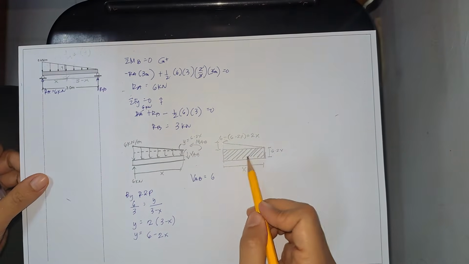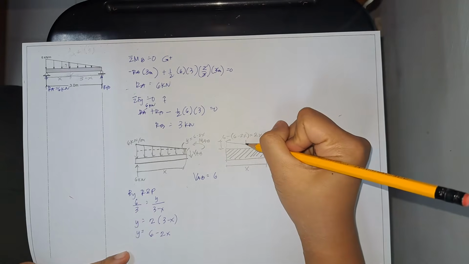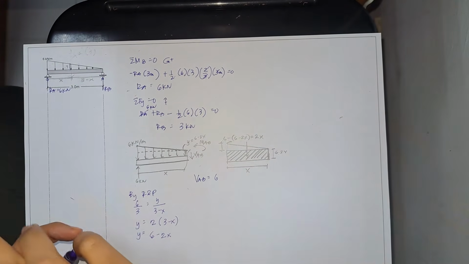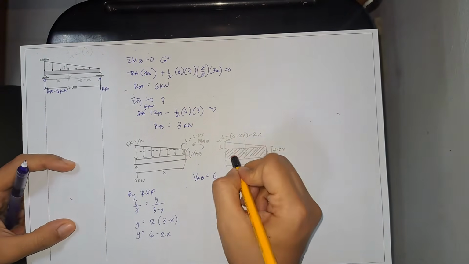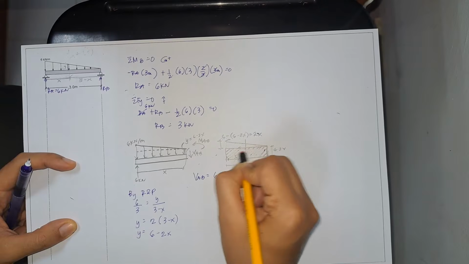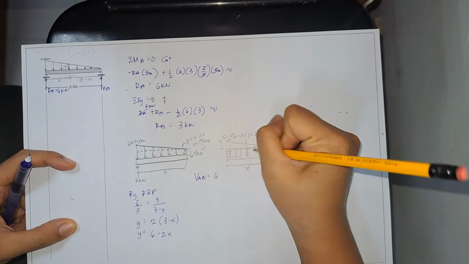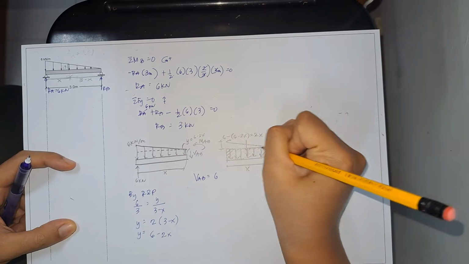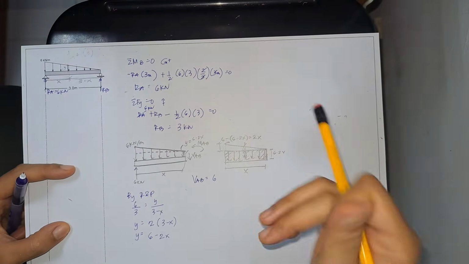So, unahin muna natin yung rectangular. So, 6 minus, kumbaga kukunin natin yung equivalent na concentrated load ng ating rectangular loading. Yung dating rectangular load, kunin natin yung equivalent na concentrated load, okay?